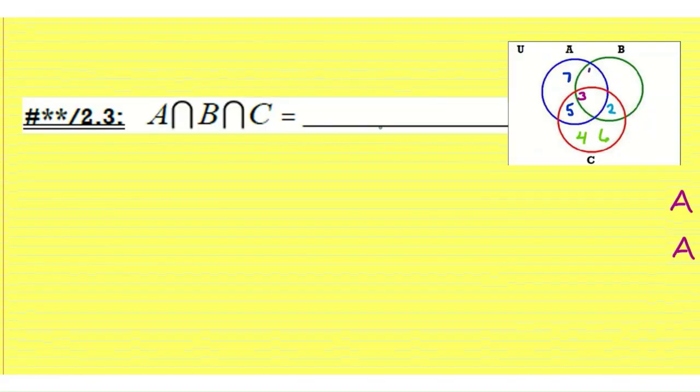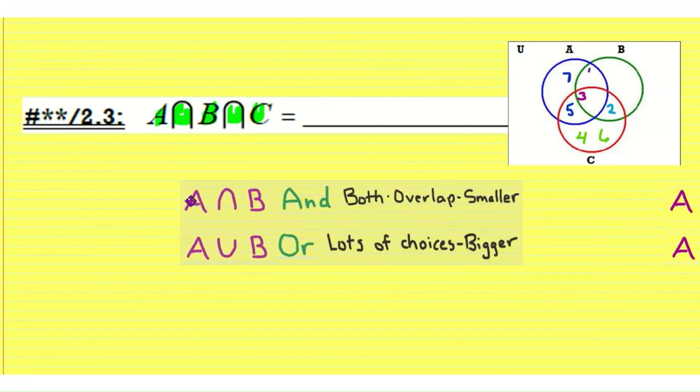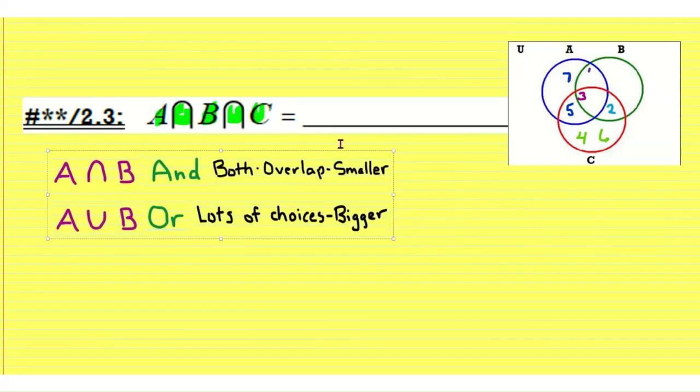Okay, the next one we're going to work on is A intersected with B intersected with C. This time we are dealing with 3 different sets, not just 2. But again, we still need to consider our symbol. That is the intersection symbol, and it still means the word and.